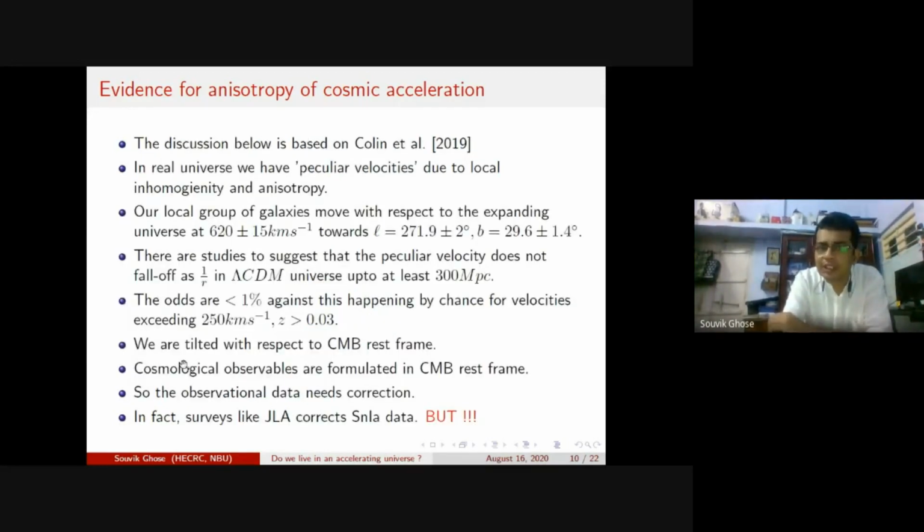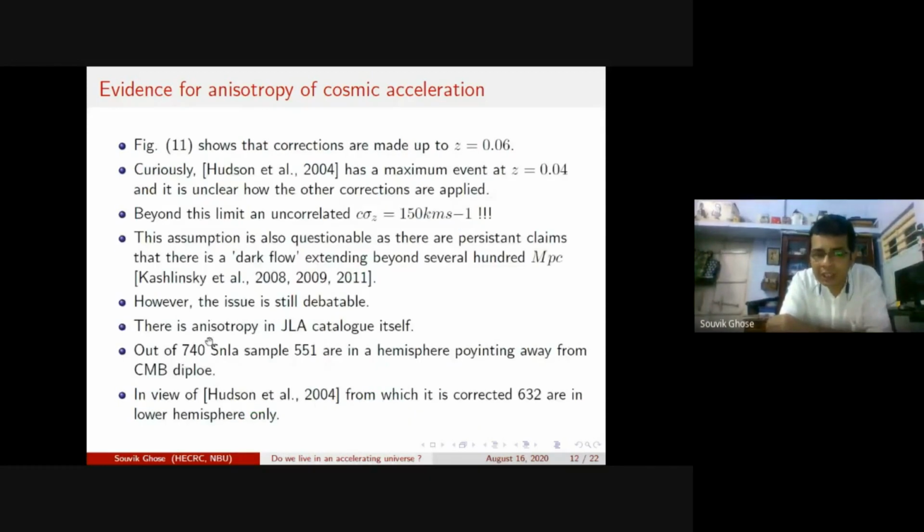From where do they take these corrections? They take them from the Hudson et al. survey. Curiously, this survey has a maximum of z equal to 0.04. Yet they are correcting up to z equal to 0.06, and it is unclear how their corrections are applied.